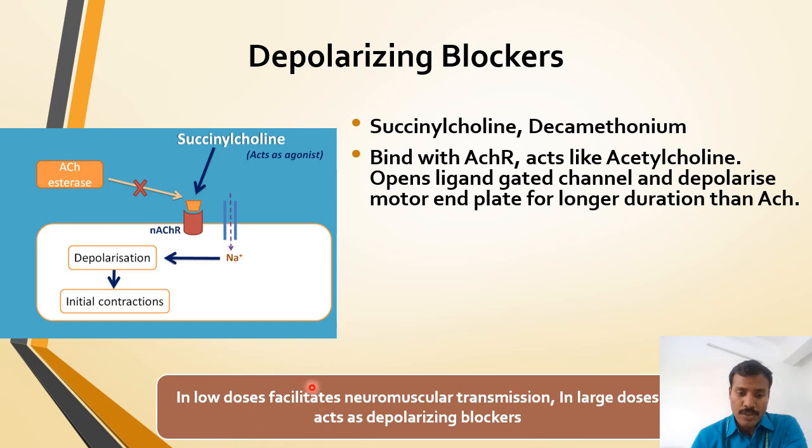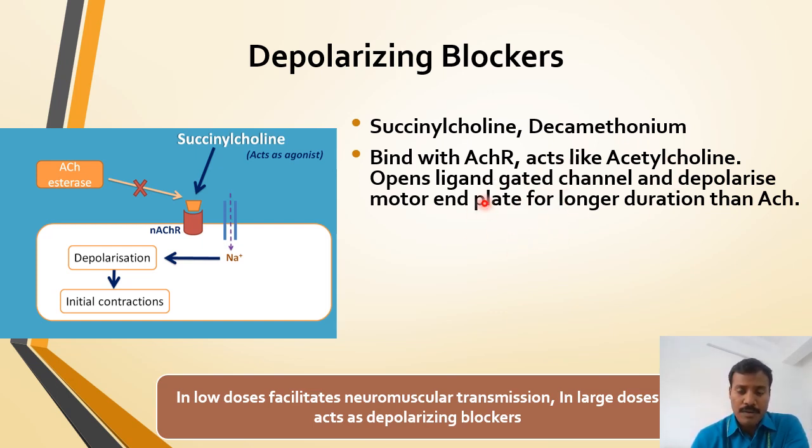In lower doses, they facilitate neuromuscular transmission because these drugs act as acetylcholine. But in larger doses, they act as depolarizing blockers because there will be sustained opening of the ion channel.